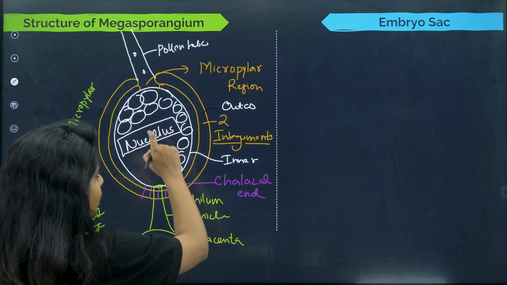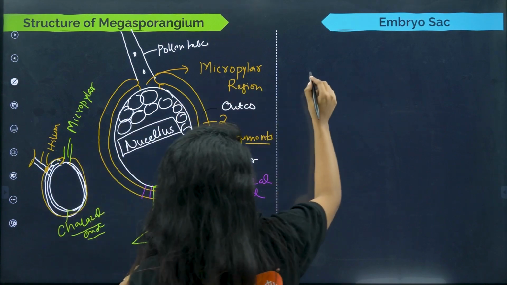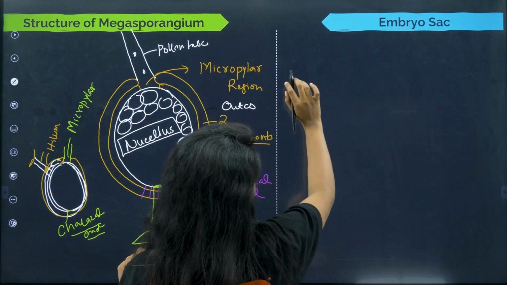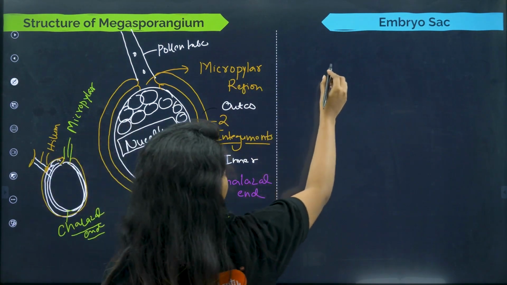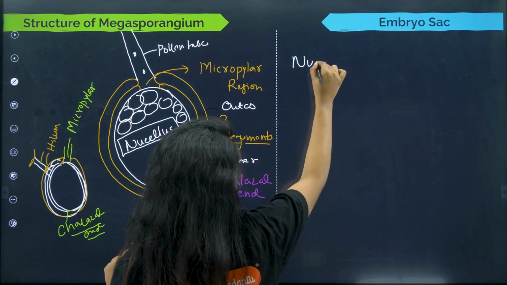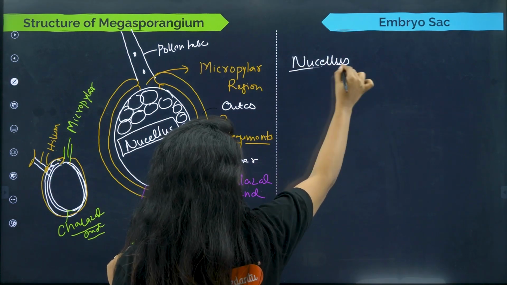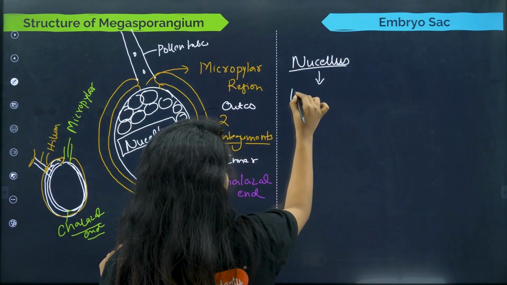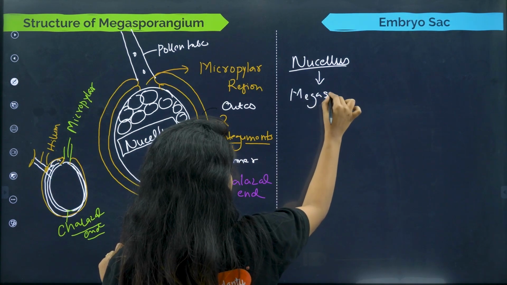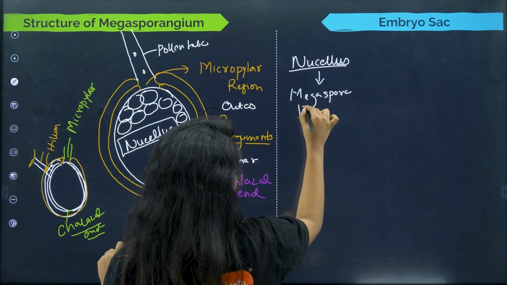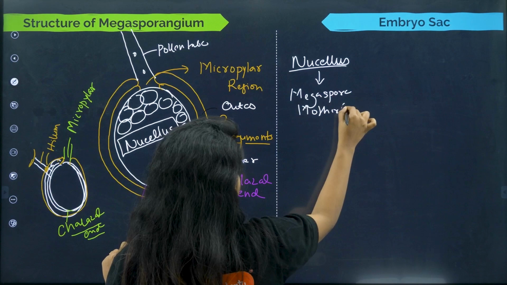So basically one cell among them. I am not explaining the embryo sac as of now, I am explaining only this. So one cell in the nucellus will be known as the megaspore mother cell.